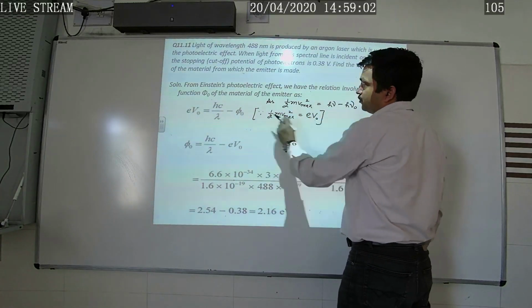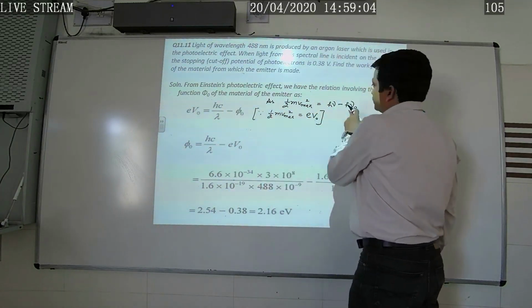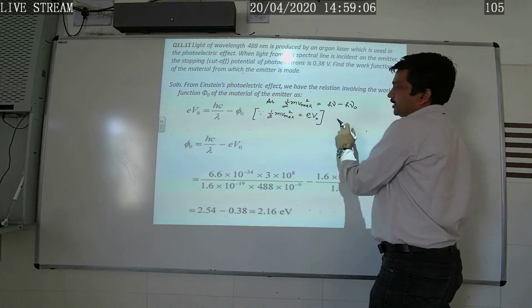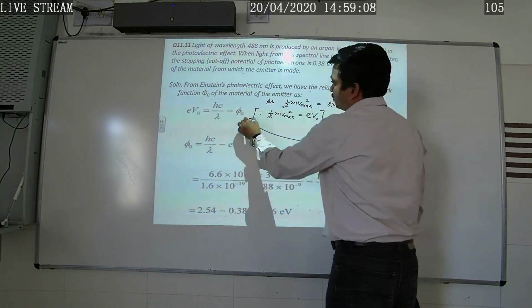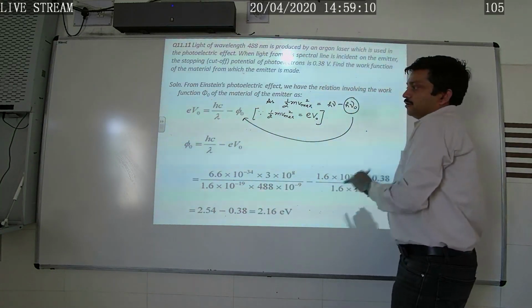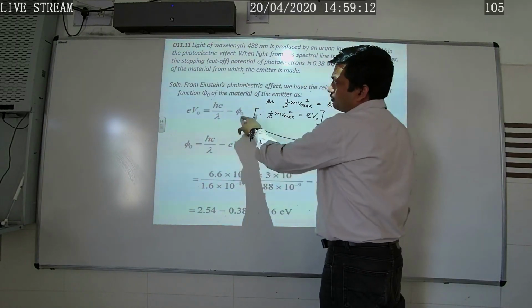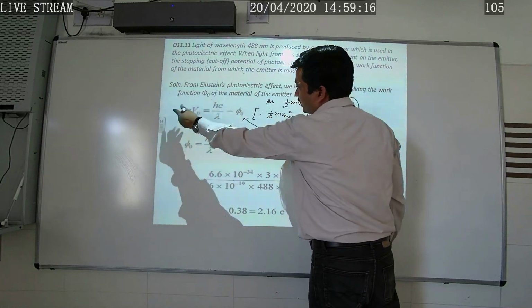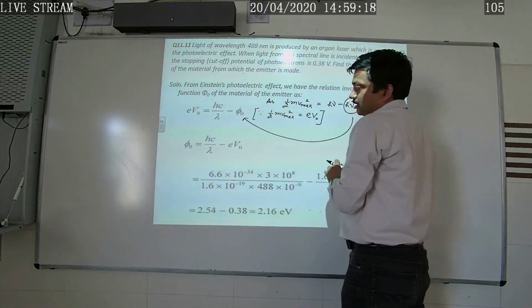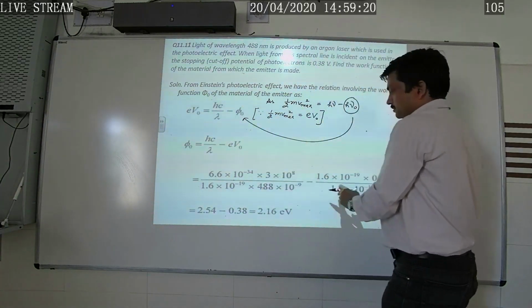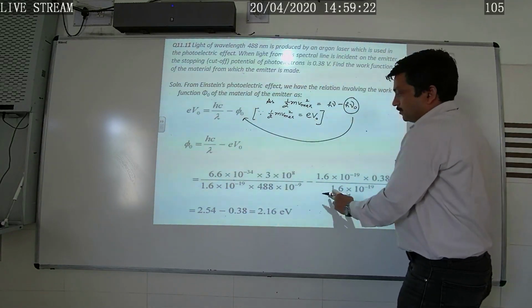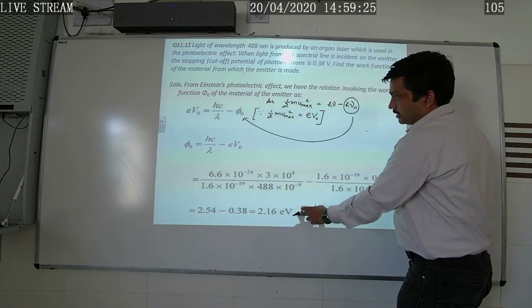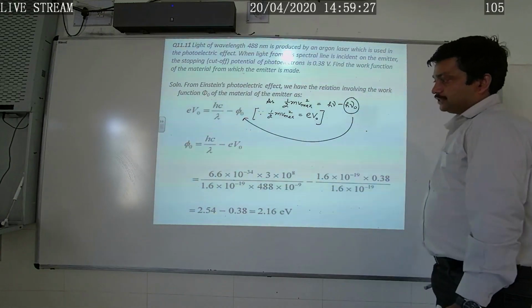So putting in the values, and considering h nu naught as phi naught, we want to calculate this work function, so taking the work function to the right side and e V naught to the left side, putting in the values, after calculation we got the answer. Clear?